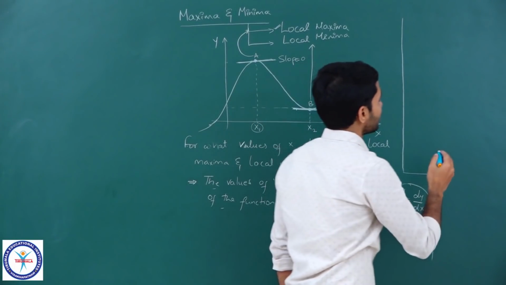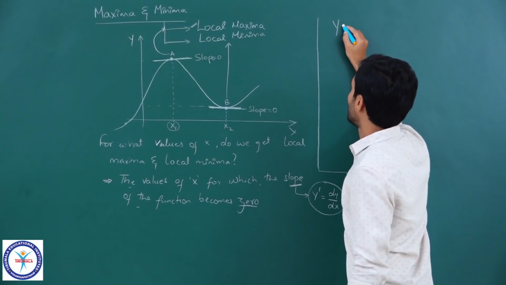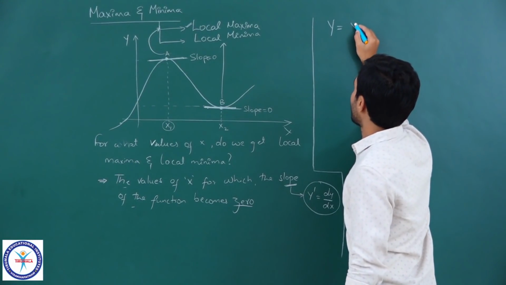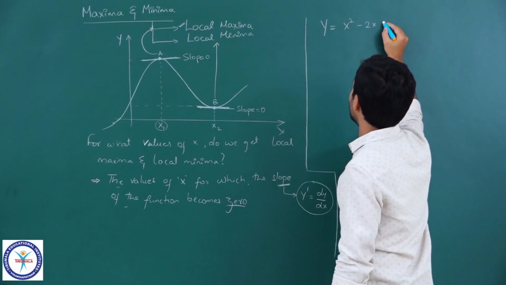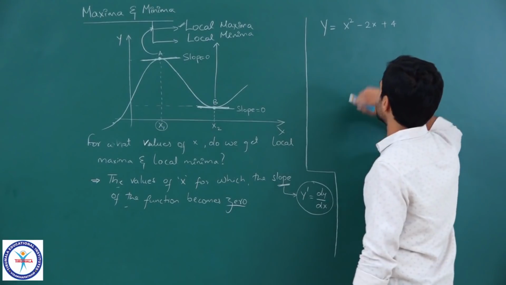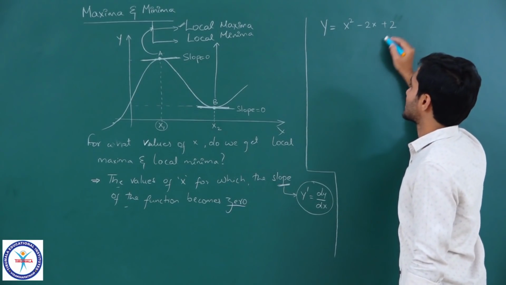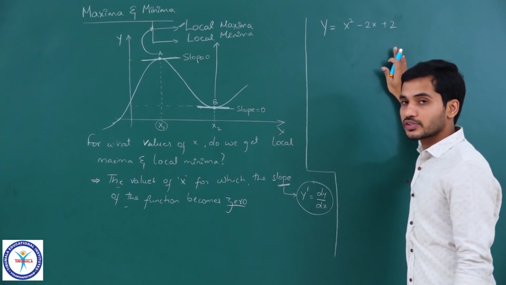Let us consider a very simple case. Let us say we have y is equal to x square minus 2x plus 2. Let us take a function like this, clear, x square minus 2x plus 2.